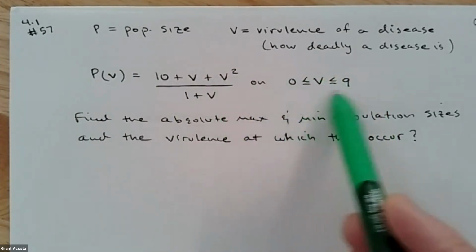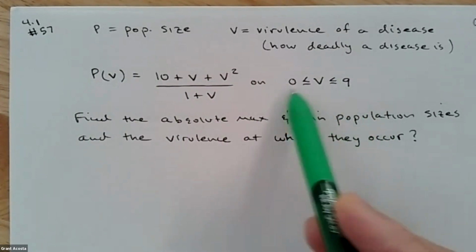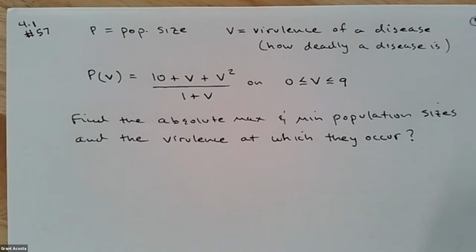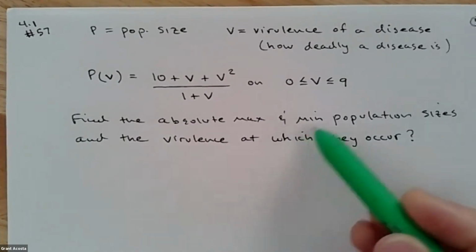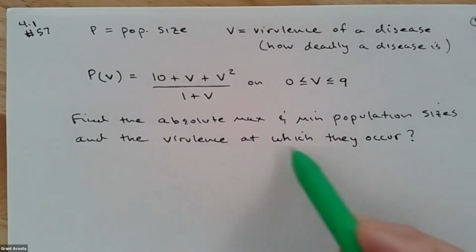And they're telling us that V has to be some number between 0 and 9. I don't know how they get those numbers, but we'll just go with it, okay? It's asking for what are the absolute max and min population sizes and the virulence at which they occur. So, same exact question.